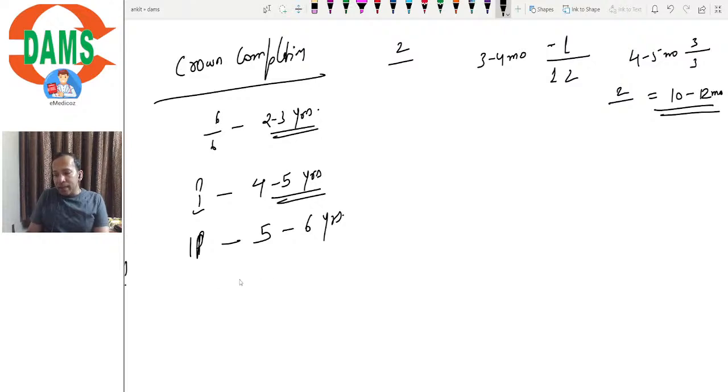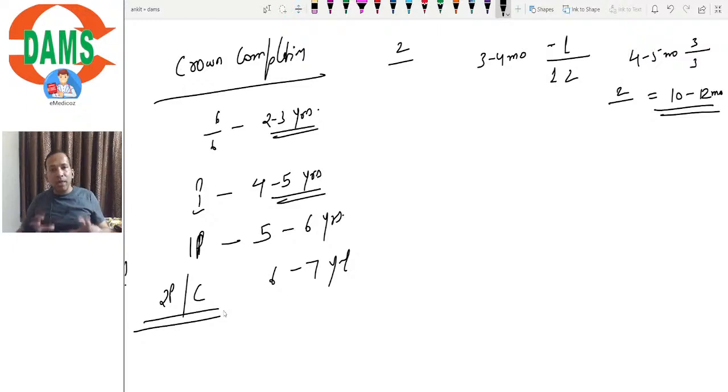Then at around 6 to 7 years, second premolars and canines will be completed. So the canines initiate before the premolars, but they complete after the premolars. Is it clear? Because canines are the larger teeth in comparison to the premolars or the incisors.